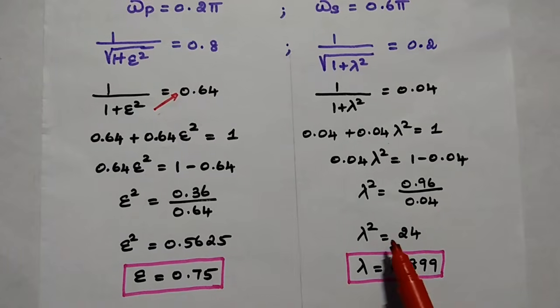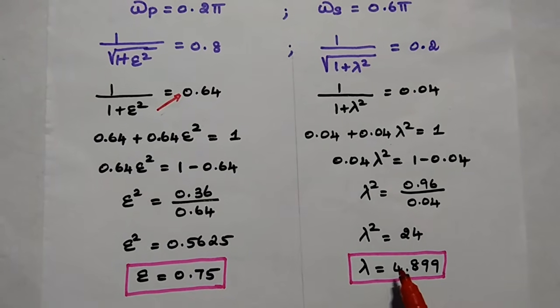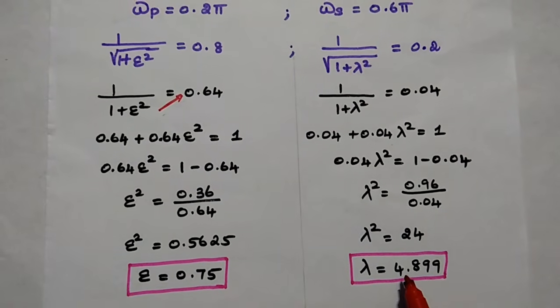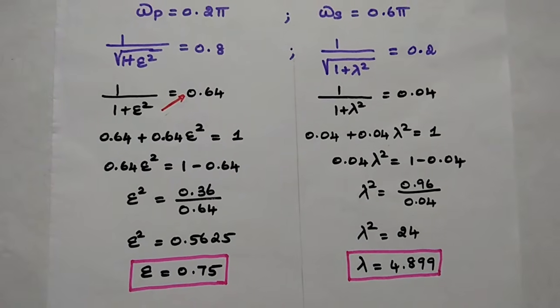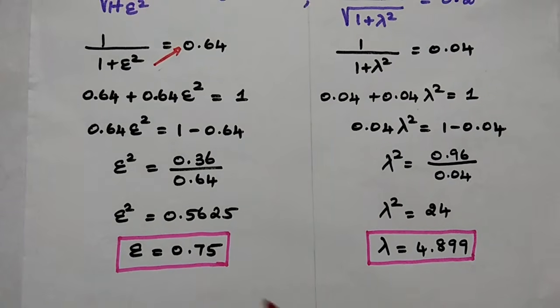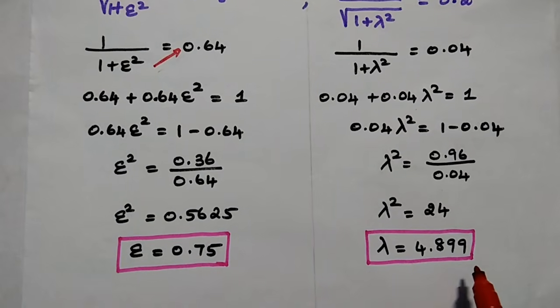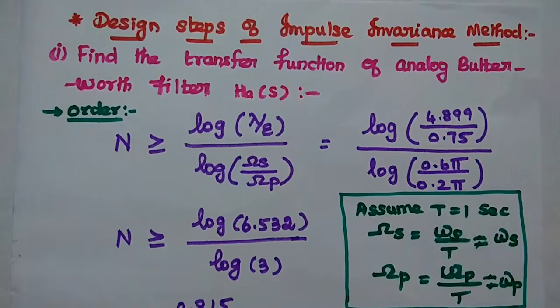Then we can get lambda squared is equal to 24. Then we can obtain lambda by taking the square root on both the sides. So square root of 24 is nothing but 4.899. Then we have obtained the value of epsilon is equal to 0.75 and lambda is equal to 4.899.